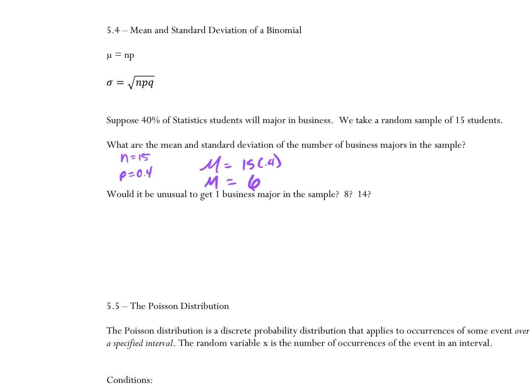This is a way better, way faster way to get there. Okay? The standard deviation will be the square root of 15 times 0.4 times q, the probability of failure. And I got it to be 1.90.